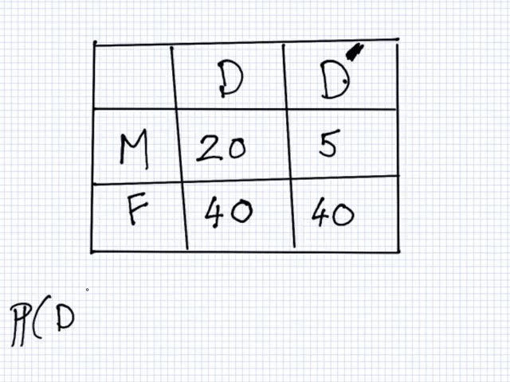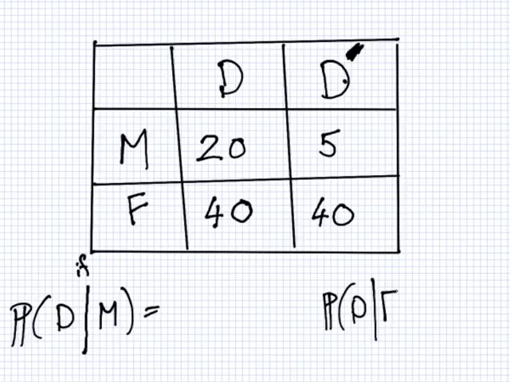When I write this vertical symbol here, I don't know if anyone has seen it, that means given that, or if. So probability of the disease if you know that they're male, so you know this for a fact, and then the second one, probability that they'll have the disease given that they're female, so you know that they're female. Okay, so let's have a look at these two here.